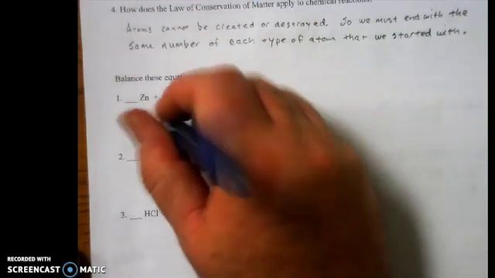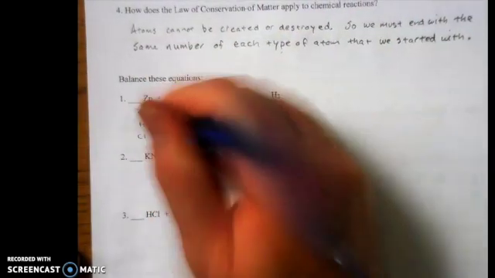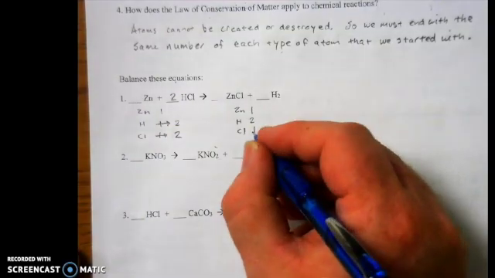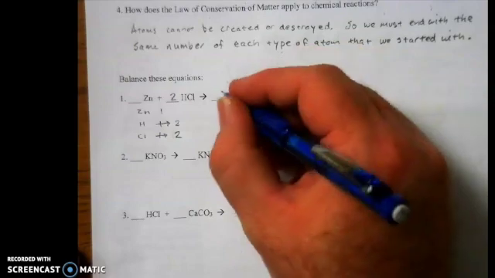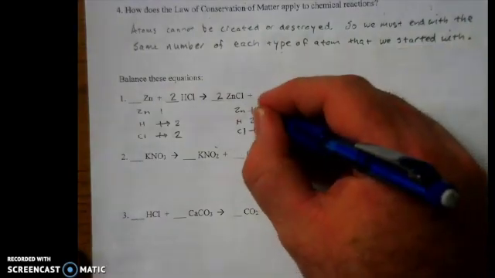Oops. Two chlorines. So now we need to make 2 chlorines over here. How can we do that? We're going to add a coefficient of 2 right there. So 2, now we add another zinc.